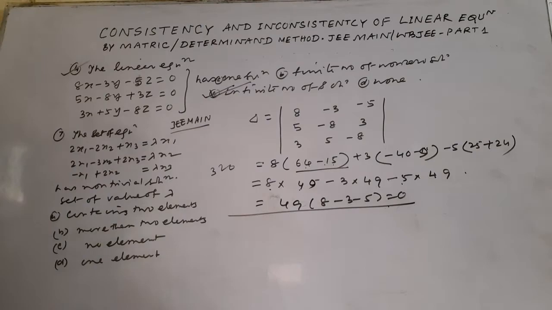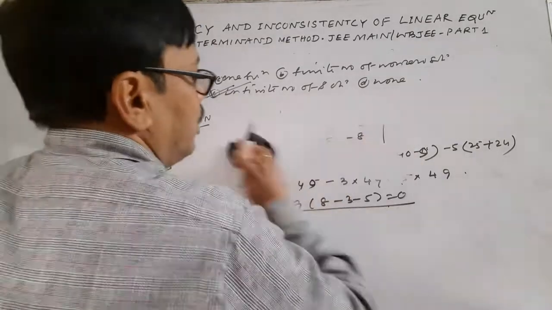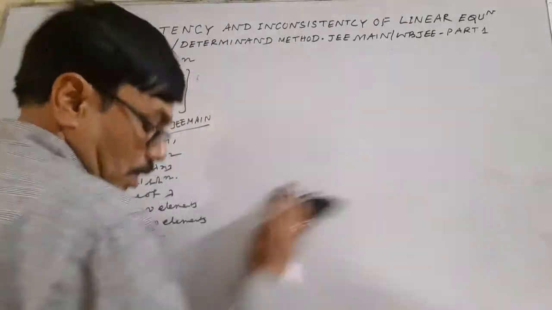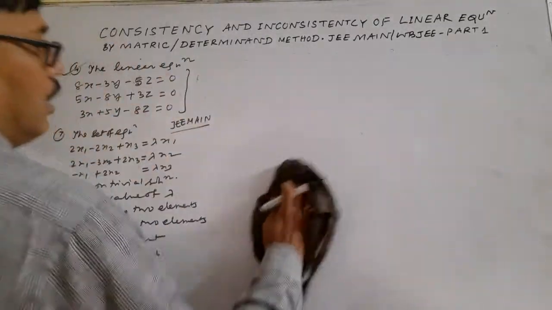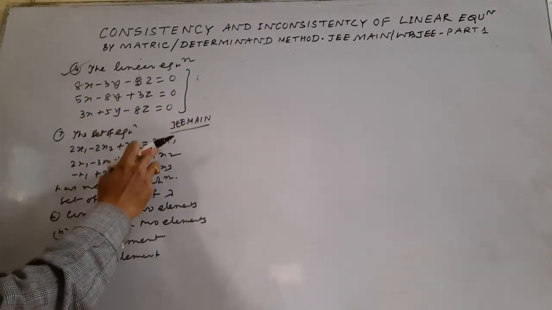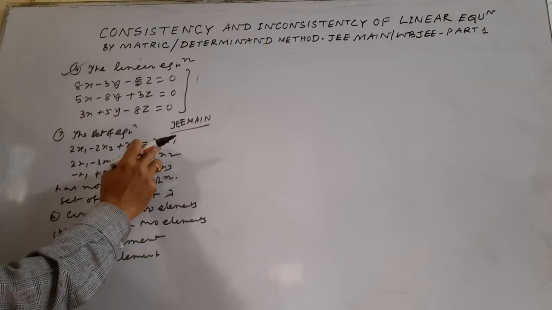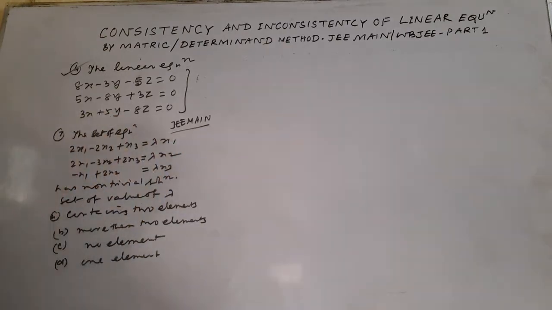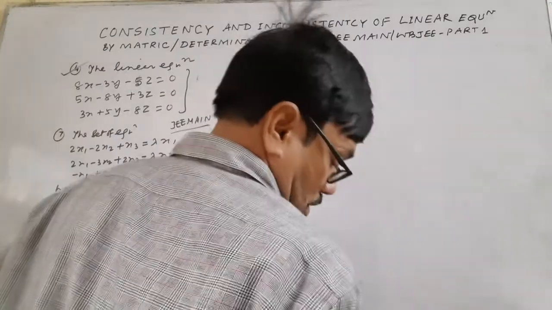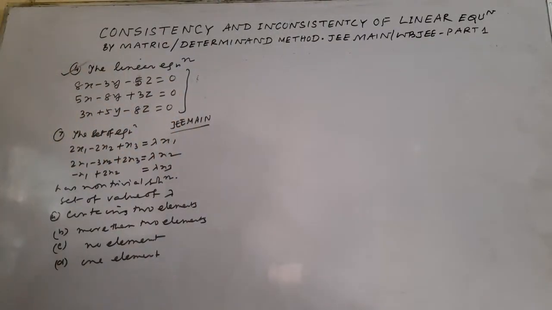Now problem number 7, exactly the same theory. Look, this is x1 and the right hand side is also x1. If we transfer all terms to the left hand side, then these are homogeneous equations.